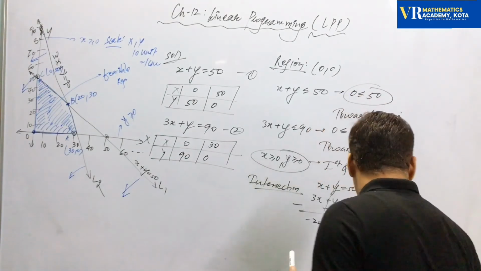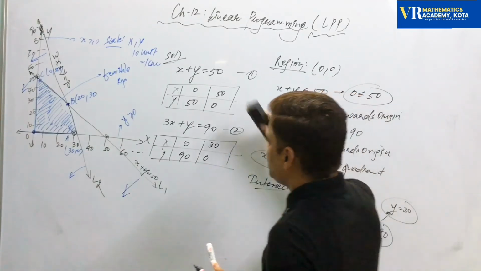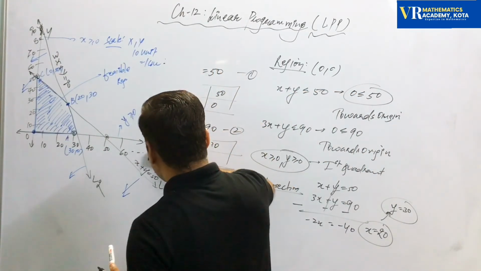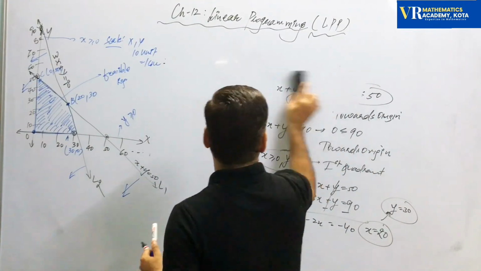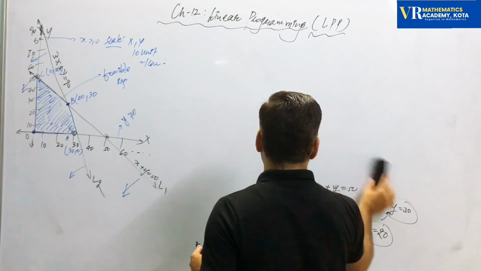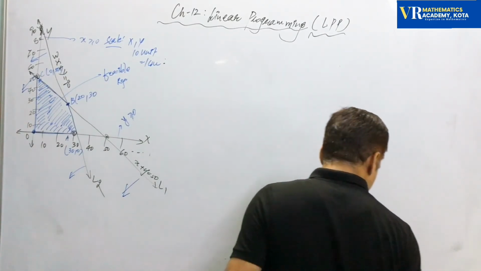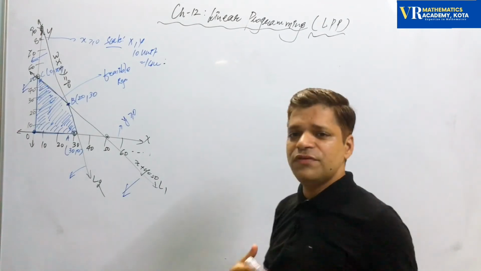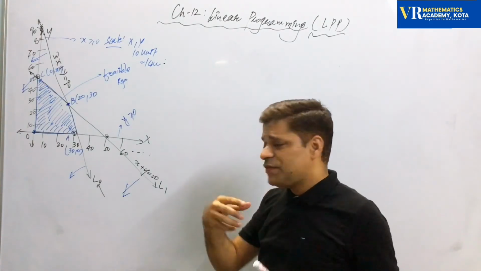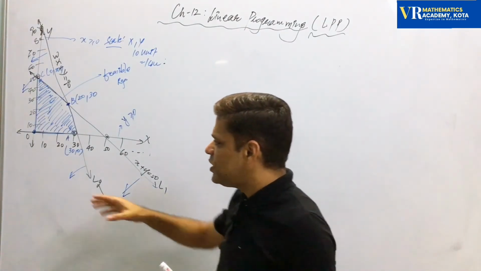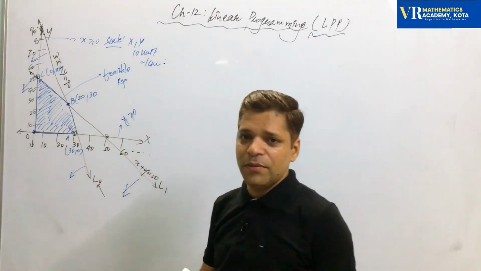Now after that important step, only the last step remains, that is, we have to check where we can optimize the given function, because the objective function which we have to minimize, we want to see at which point it is minimized.